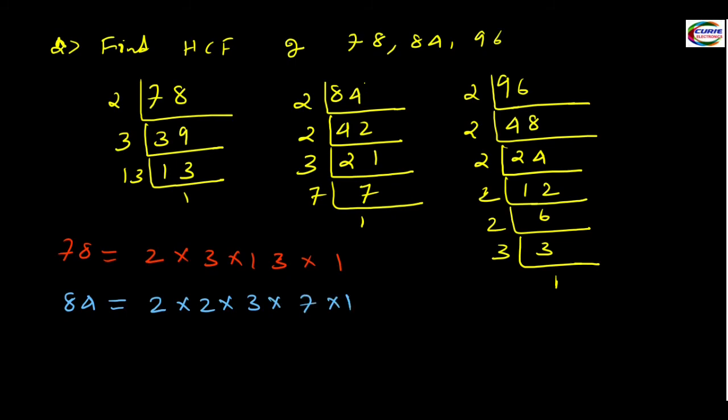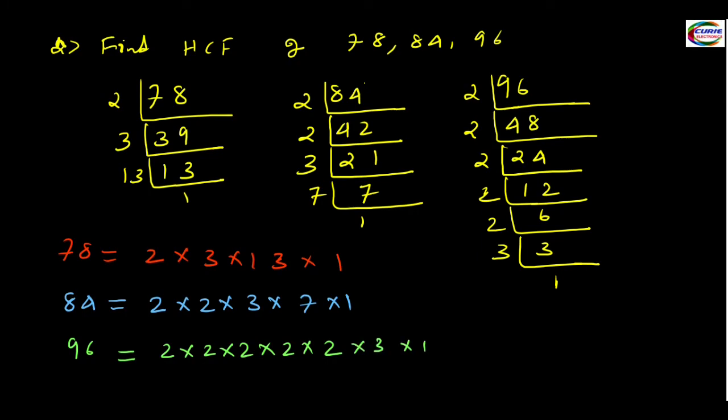And the third number, 96. How many 2s are there? 1, 2, 3, 4, 5. 2 multiplied by 2, five times, multiplied by 3 multiplied by 1.